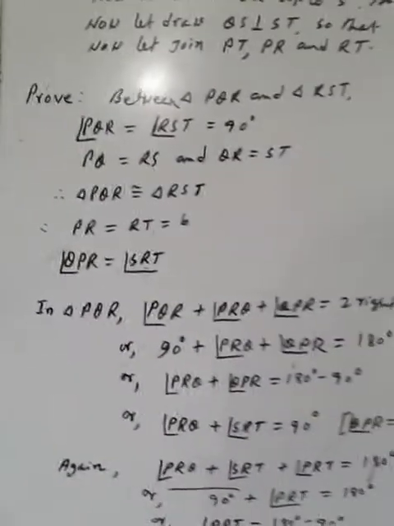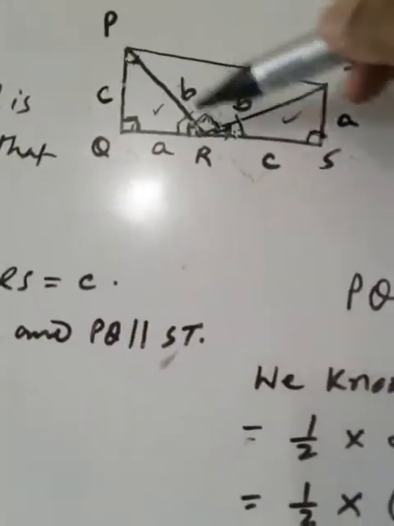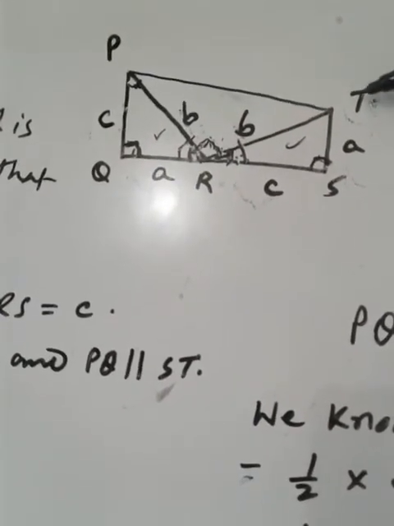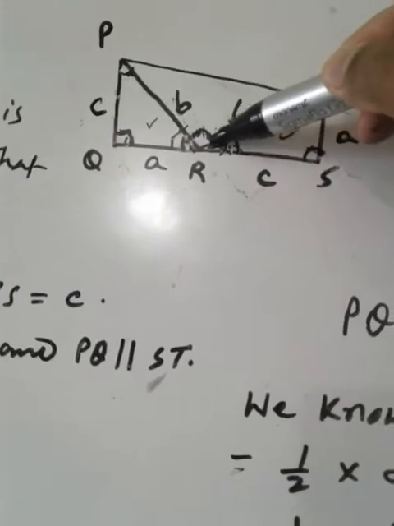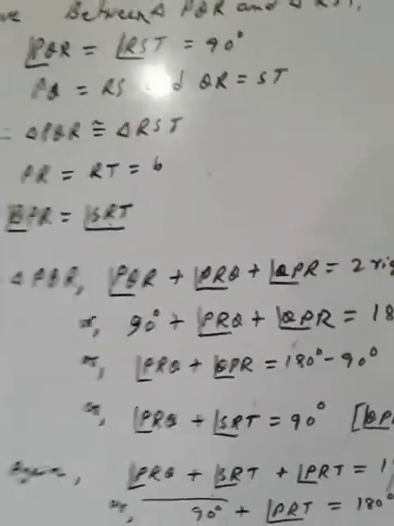Now see this. Whatever I said, I wanted to prove that PRT is a right angle triangle, that this angle equals 90 degrees. Now see the statement, how we prove this.